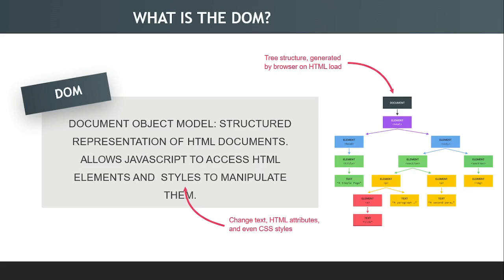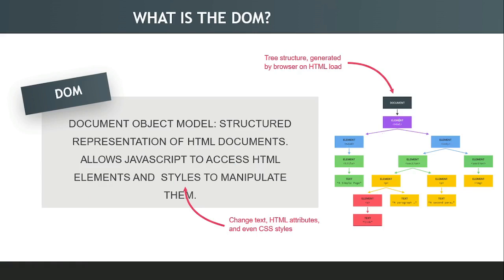Let's keep on breaking it down. You could also say the Document Object Model is a structured representation of HTML documents that allows JavaScript to access HTML elements and styles to manipulate them. If you look on the side here, let me select my pen, we have the document and we have elements.